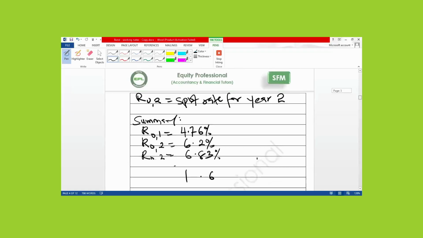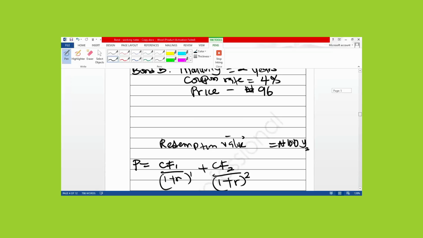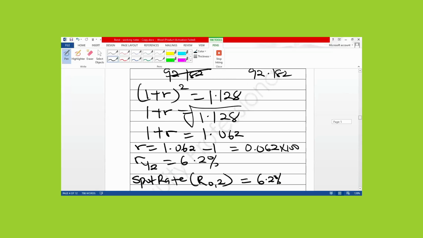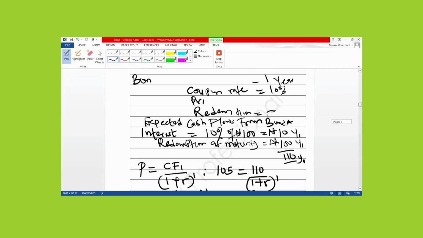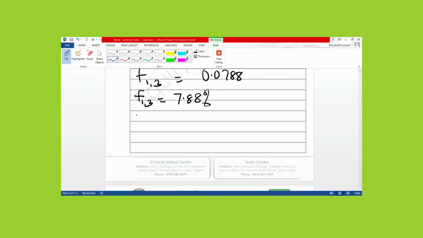Now return here with the formula. Oh, no, we should use here now. I'll use here. 1 year forward rate at the end of year 2.